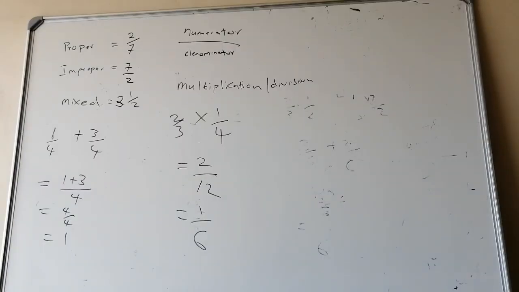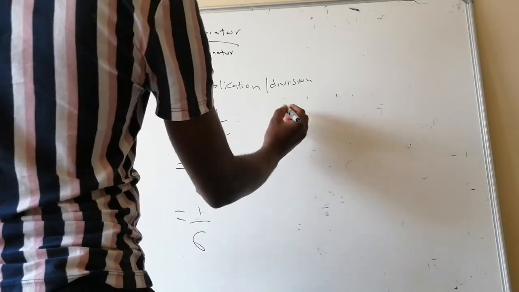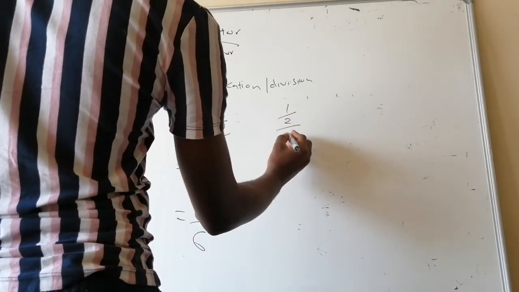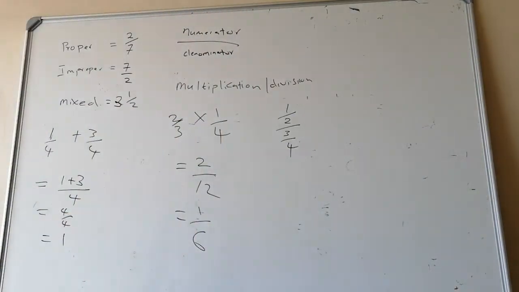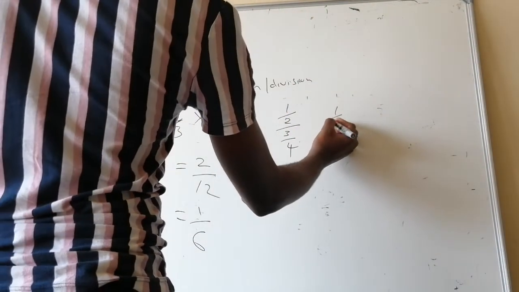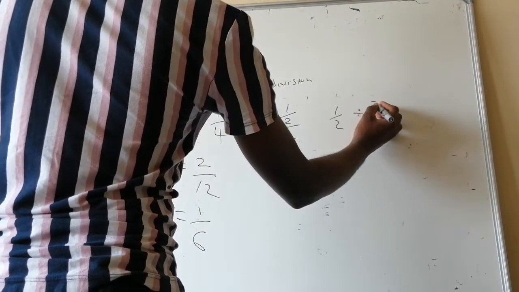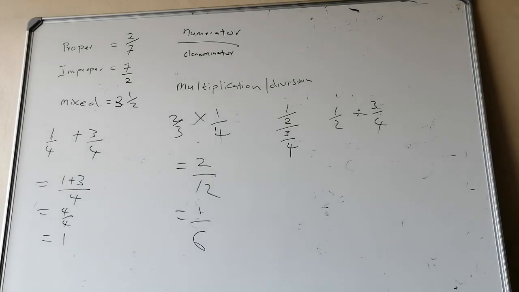So now I'm going to do the division of fractions. Let's say we have half divided by 3 over 4. So you need to know how to find the reciprocal of a number.